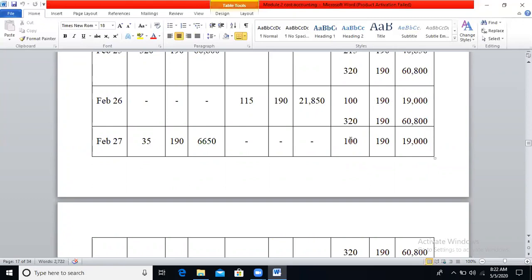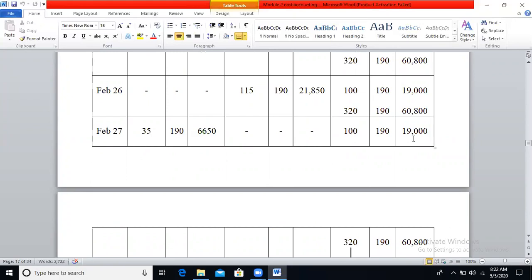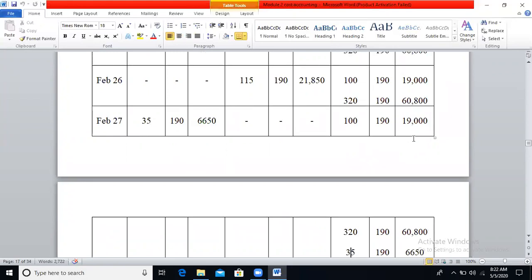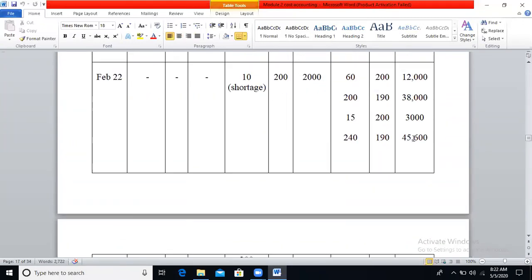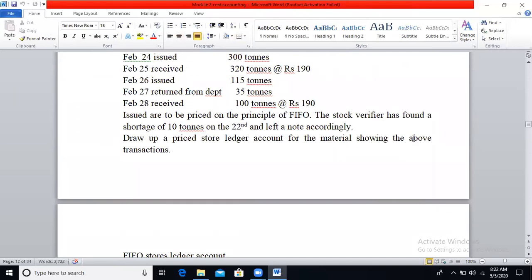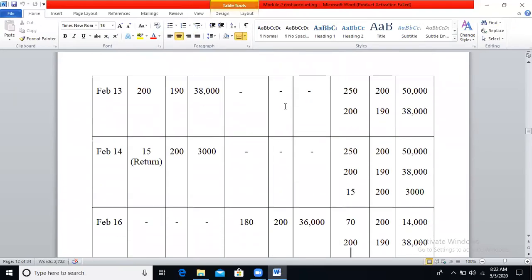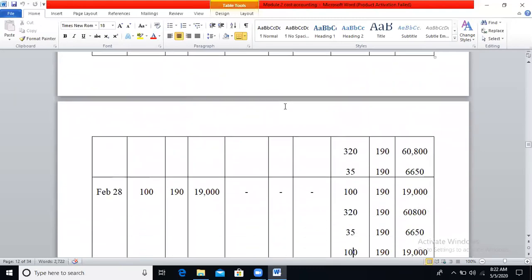Now the balance you have in the balance column, first consider the previous balances not yet issued. One is 100 tons at rupees 190, total value 19,000, and we still have 320 tons at rupees 190, total 60,800, and 35 tons at rupees 190, total value 6,650. The next transaction is February 28th, we are receiving 100 tons at rupees 190. Receiving means it is a receipt, it should be recorded under the receipts column.